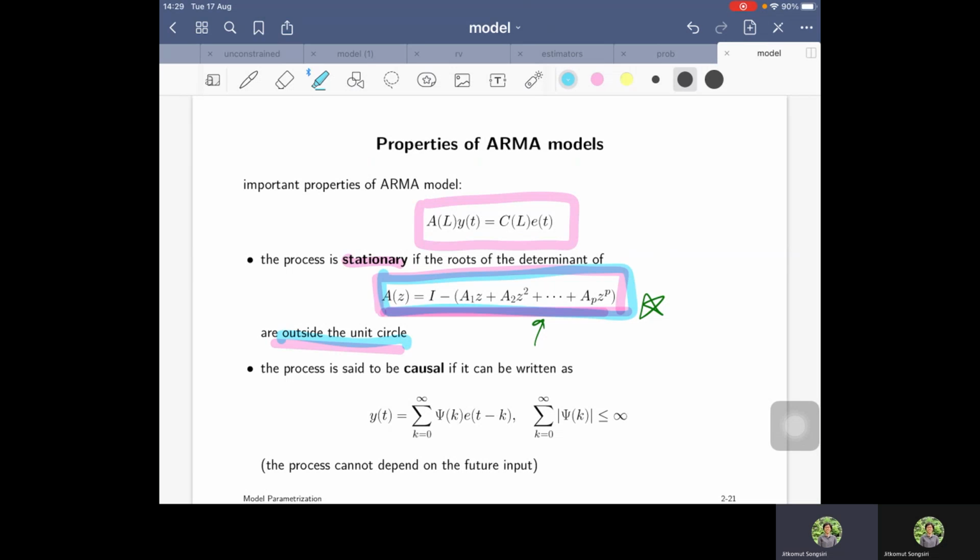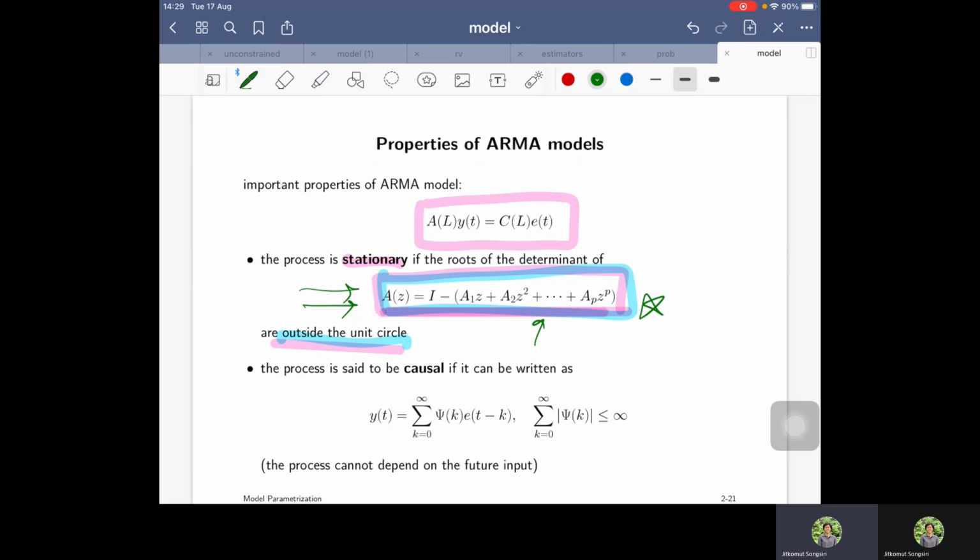I represent it in this form because most textbooks refer to this format, so that you can have results from two points of view, one from the control system point of view and one from the time series analysis point of view.